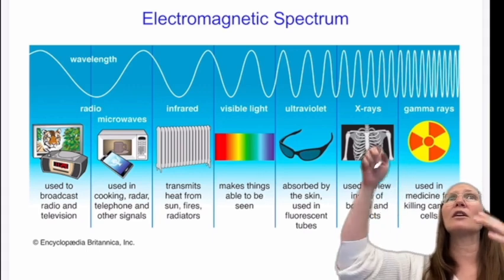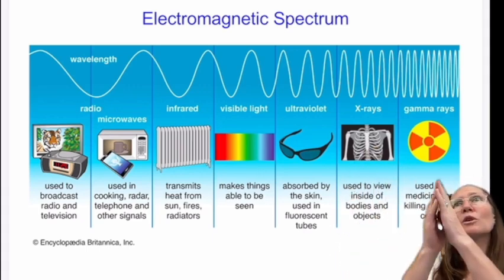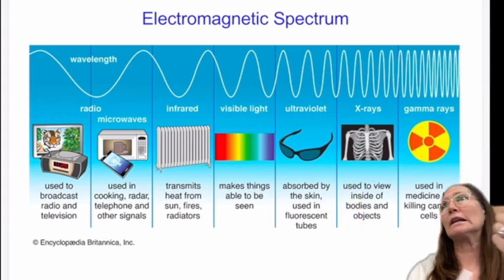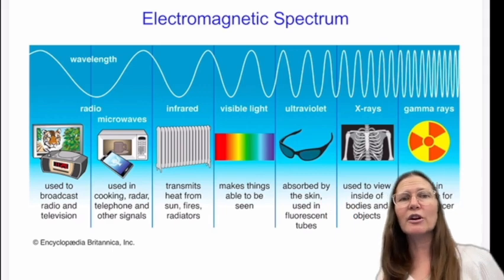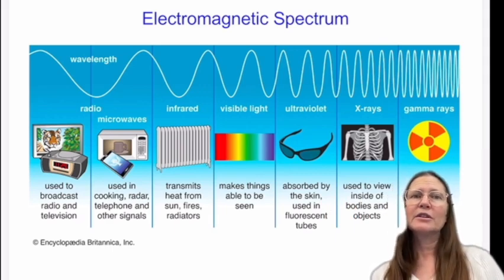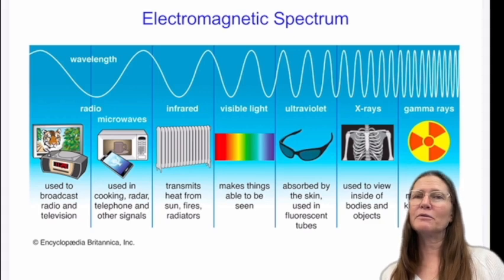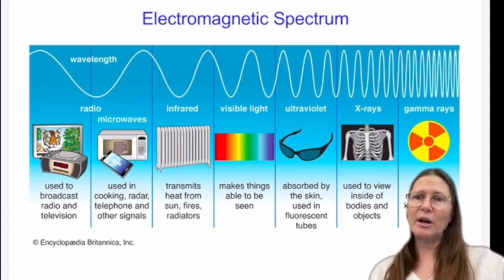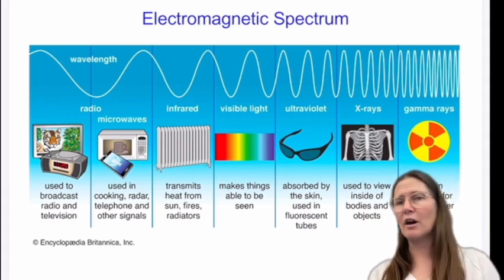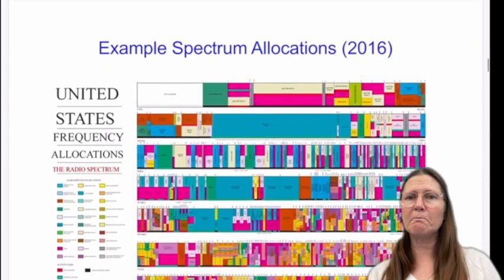So it's how many of these periods are in 1 second. This is the range of those different types of frequencies, all the way up to the gamma rays, which are the highest frequency portion of that.